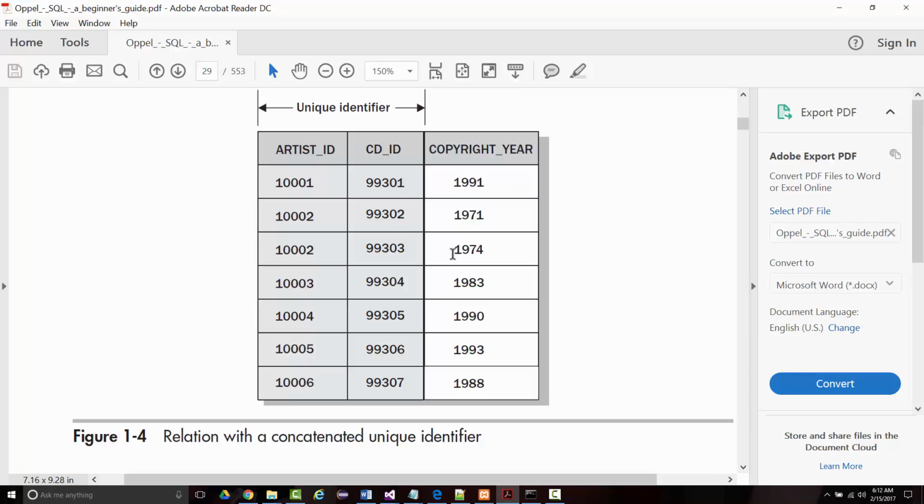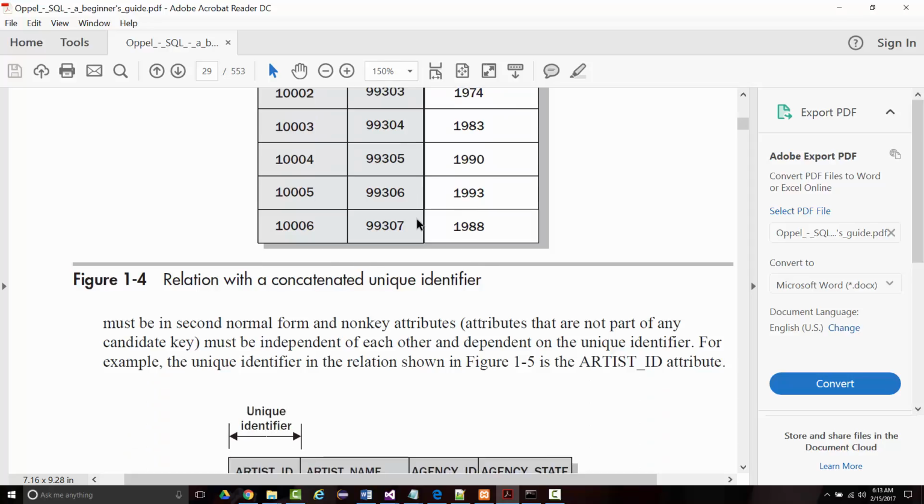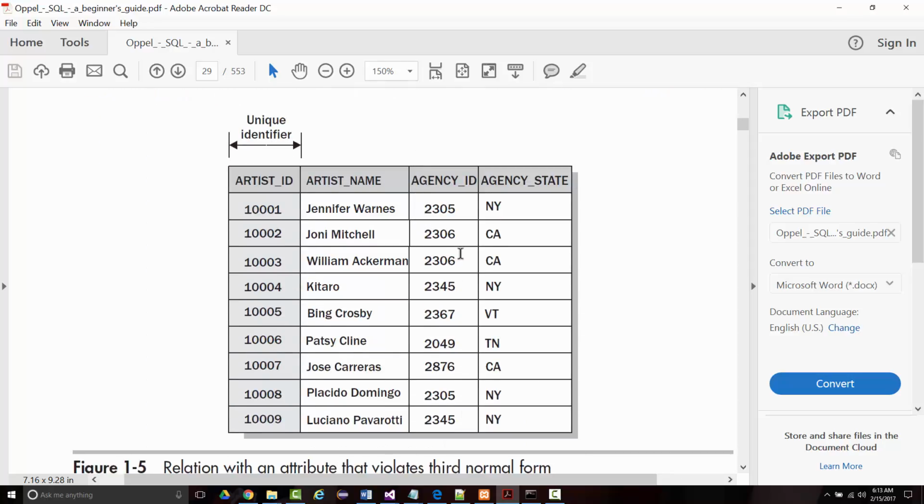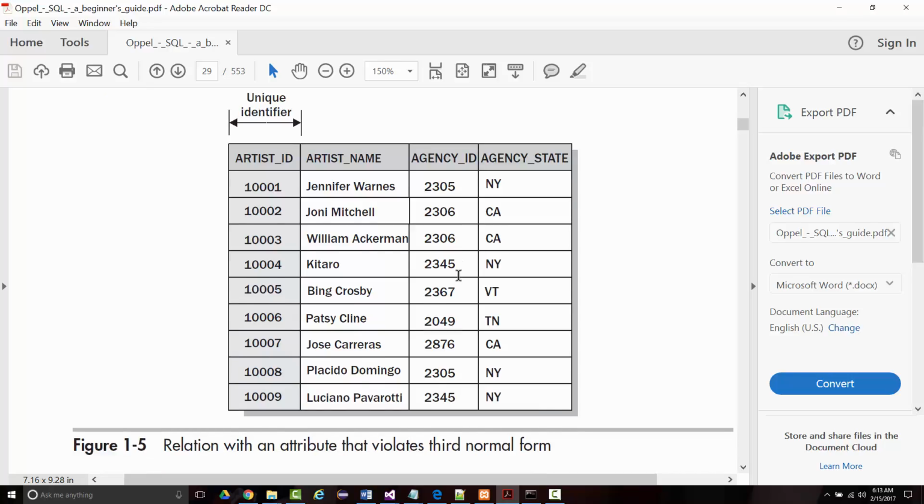And what they're saying here is, well, does the artist and the CD imply the copyright year? Technically, it does not, because if I have the CD ID, I can figure out the copyright year. So in other words, CD ID functionally determines copyright year. Artist ID has nothing to do with it, so I'm already in violation right there. So that violated second normal form.